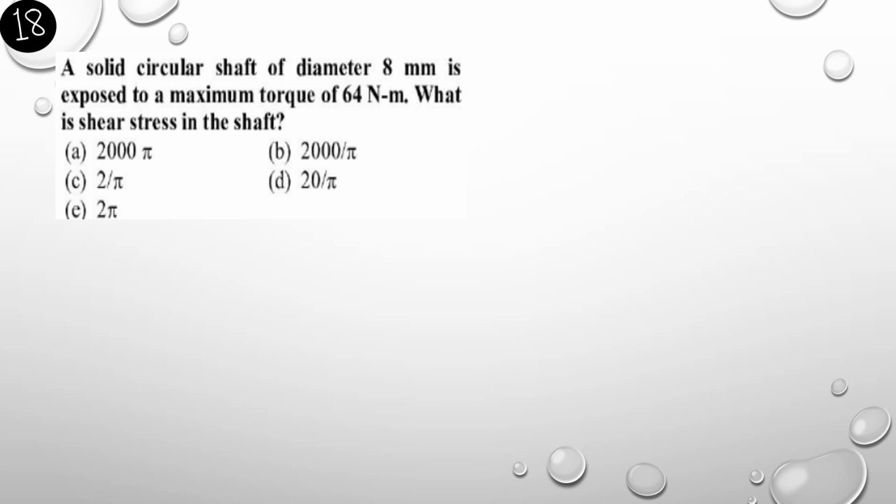Next question. A solid circular shaft of diameter 8 mm is exposed to a maximum torque of 64 Newton meter. What is the shear stress in the shaft? To find out the shear stress, this is the formula: tau equals T into R divided by J. For a circular section, the polar moment of inertia J is pi D raised to 4 divided by 32.